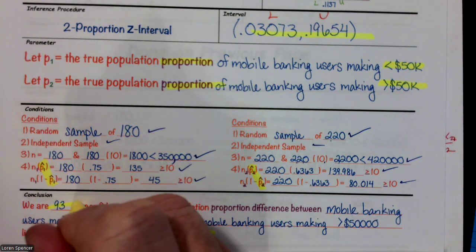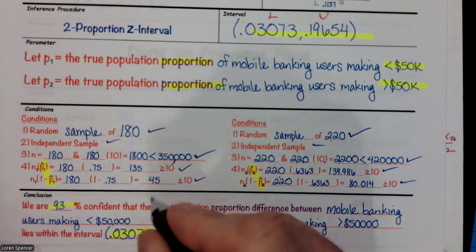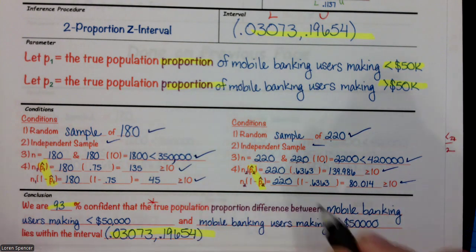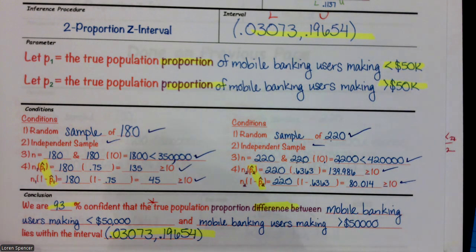The 93%, that's what they asked us to do. Now, let's look at this. The true population proportion difference. Got to have this word. Super important to include the difference between mobile banking users less than 50,000 and those making more than 50,000.